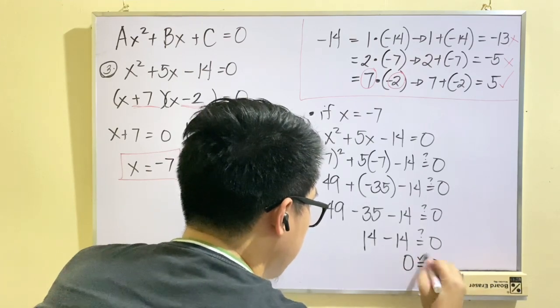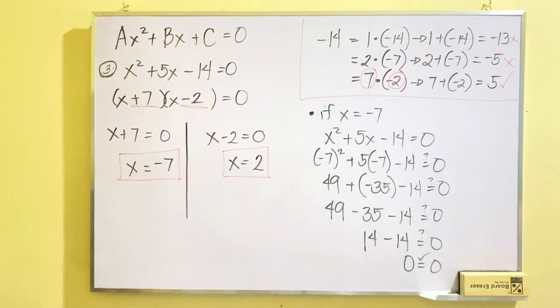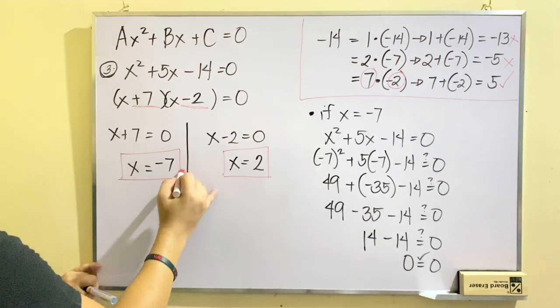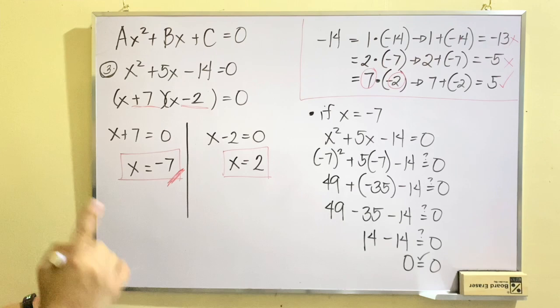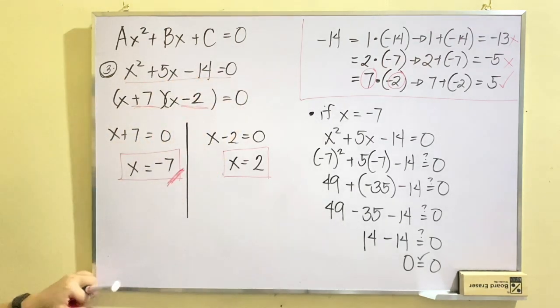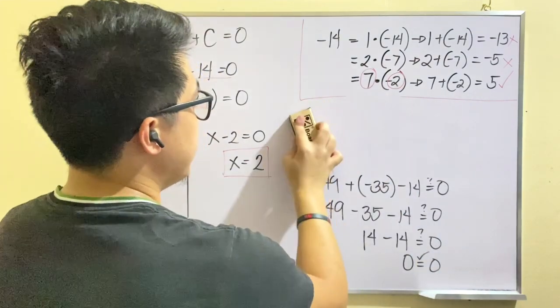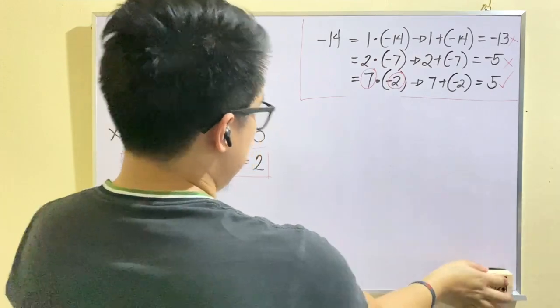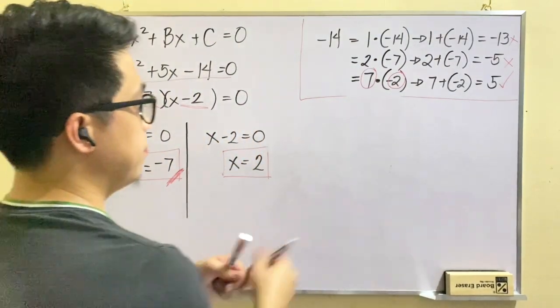So 0 is equal to 0. Therefore, x equals to negative 7 is the true root or one of the roots of the given equation. Next, itry naman natin ang value ni x if siya ay positive 2.